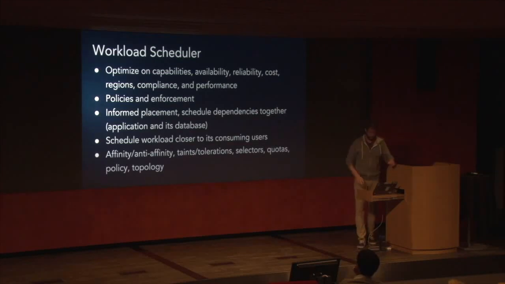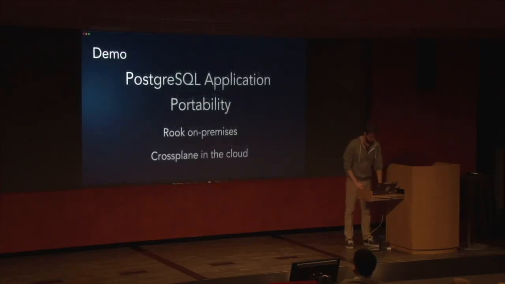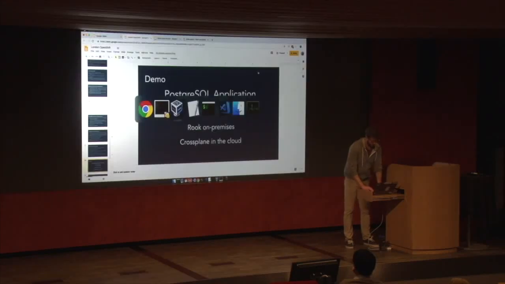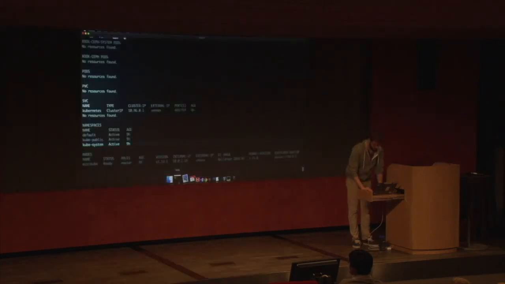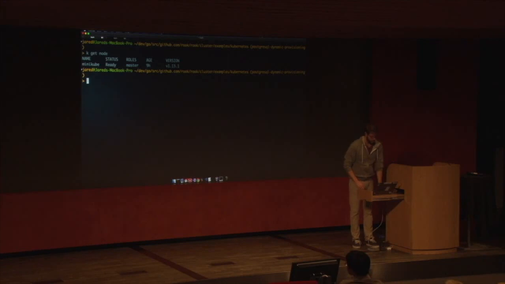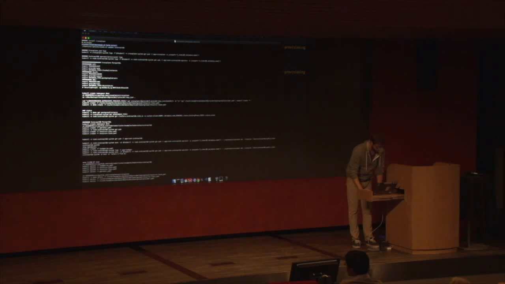All right, so it is demo time, and I'm going to use the same Minikube, and I believe it's running. Yep, okay, good. So we have a Kubernetes cluster up, and let me go ahead and install Crossplane real quick. I should have done this earlier.